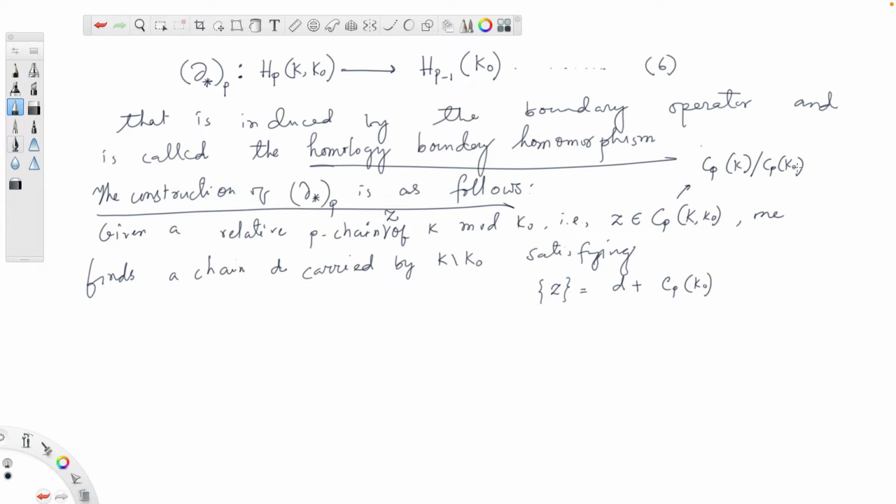This is a coset. This is equation number 7.